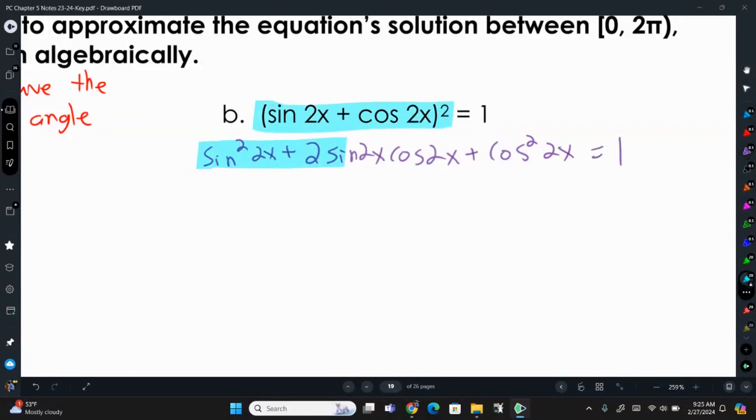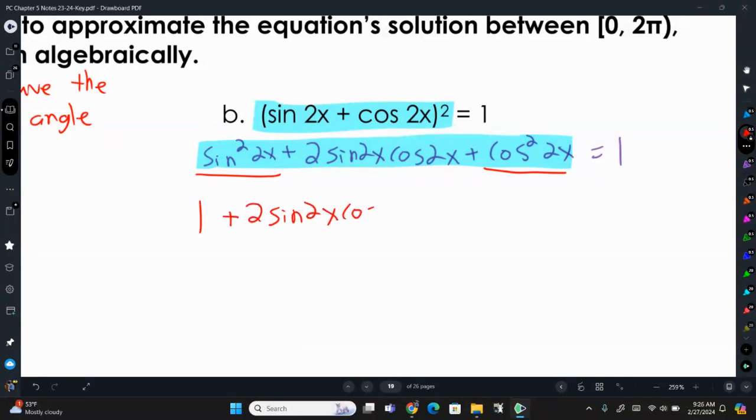This FOILs out into that. Well, we know that sine squared of any angle plus cosine squared, if those angles are the same, equals 1. So it's 1 plus 2 sine 2x cosine 2x equals 1.